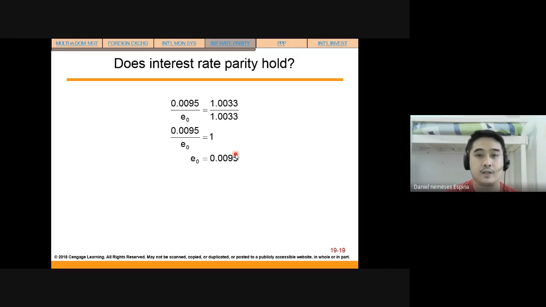So if each country has the same risk, the spot rate is the same. Okay, the forward rate and the spot rate is the same. So if the forward exchange rate is 0.0095, then the spot rate, if they have the same interest rate or same risk, will have an equivalent 0.0095.